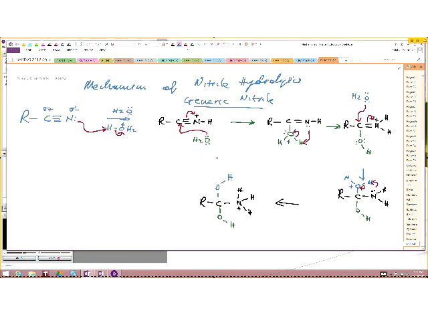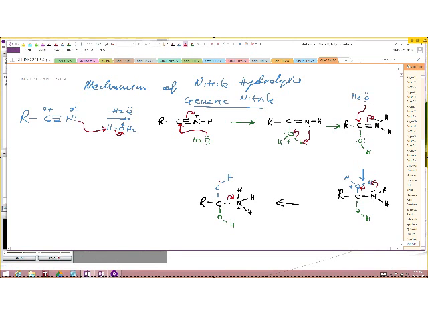Okay, now at this point we are going to lose ammonia, because ammonia is a very, very stable molecule. We lose ammonia here, break away.